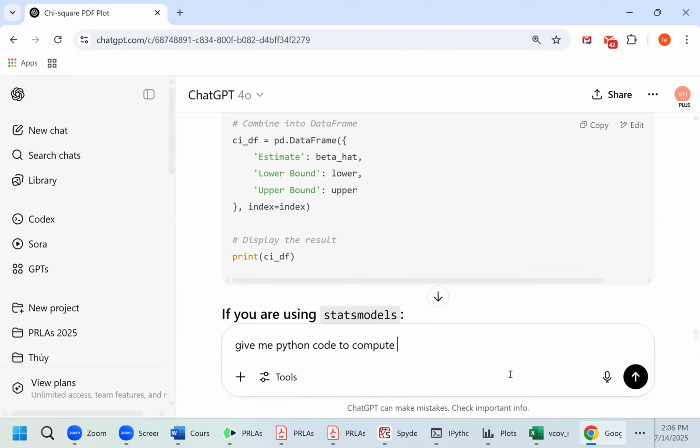So give me the Python code to compute the critical value of a t. Now when we say critical value here, we have to say 95%, right? 95% critical value of a t with 8,980.